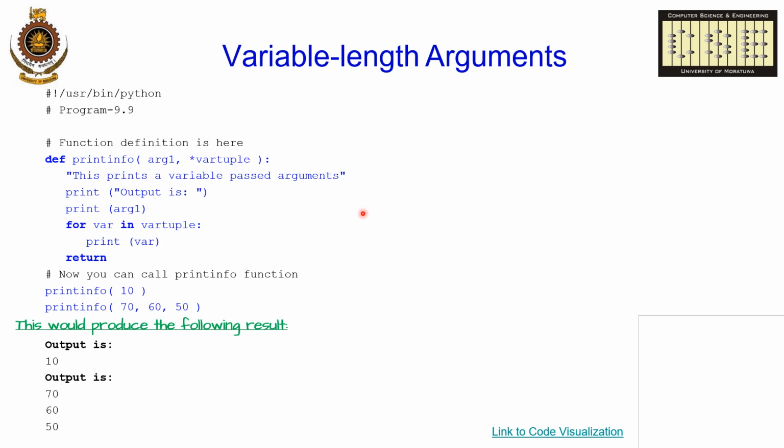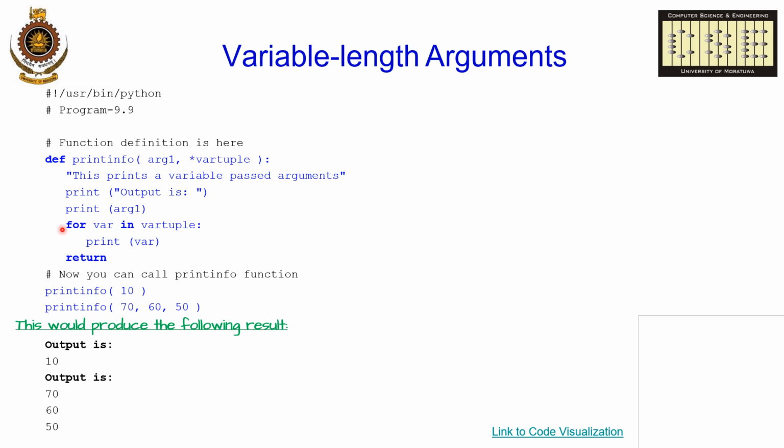So this is the example for variable length arguments. We have here a small Python program, a bit different from before. We still have a function with the name printinfo, but we have one required argument, and then a variable length argument, asterisk var tuple.